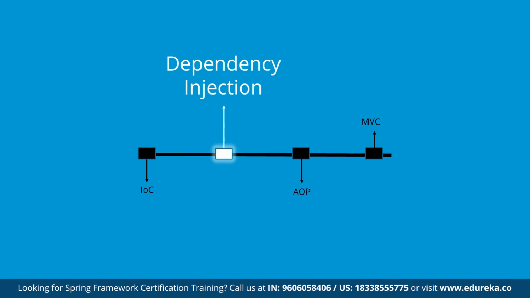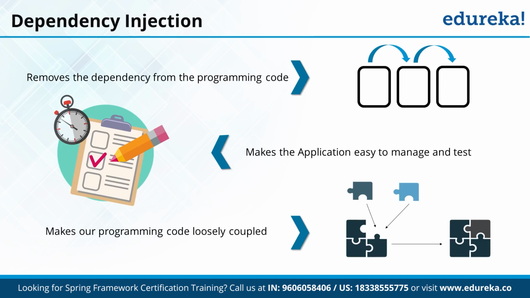Now, after the inversion of control, we got dependency injection. Dependency injection is all about when we have dependency in our code, right? So the Spring Framework has this DI technique where we can remove the dependency from our code. It's going to make our application quite easy and manageable to use, and most importantly, our programming code becomes loosely coupled, right?